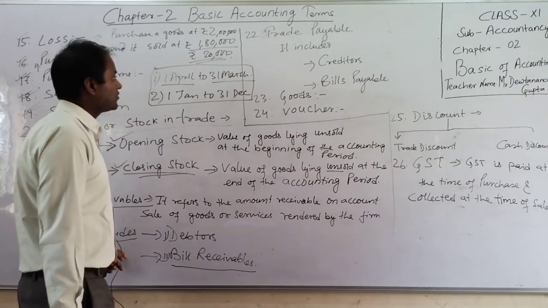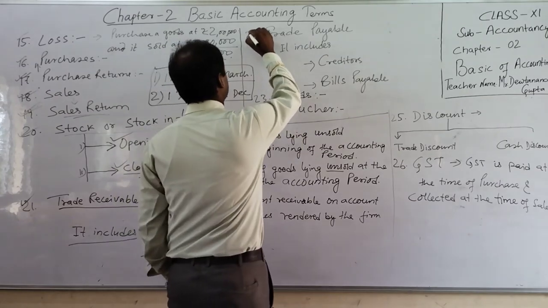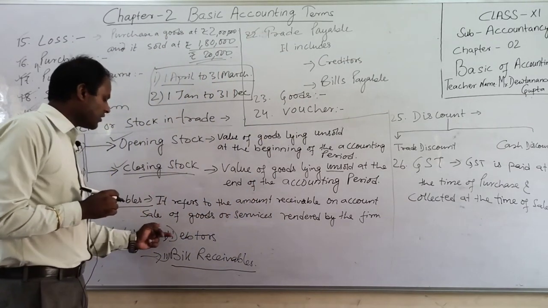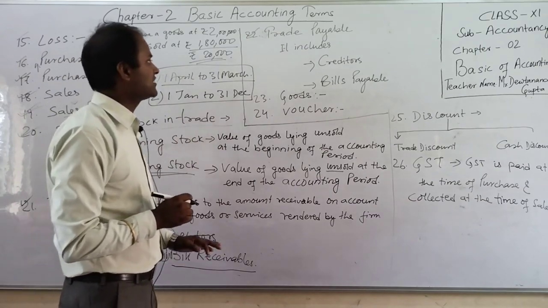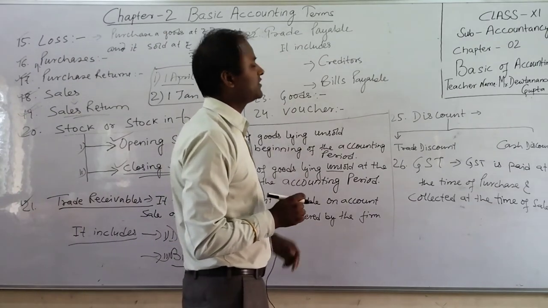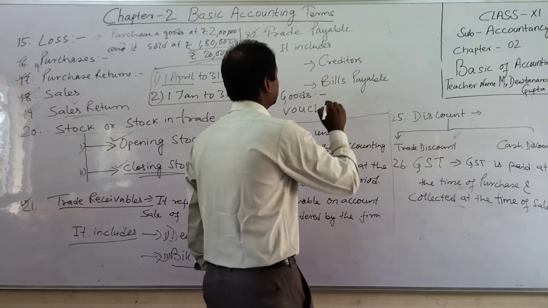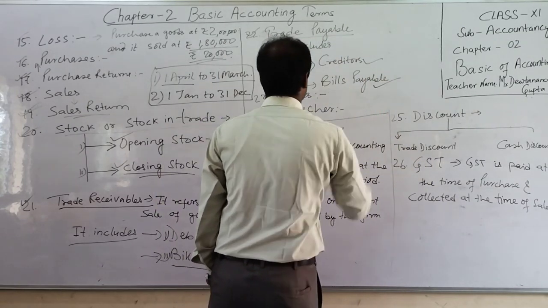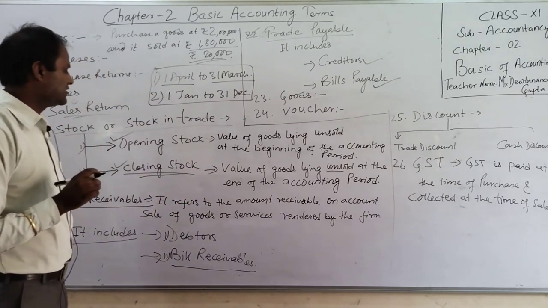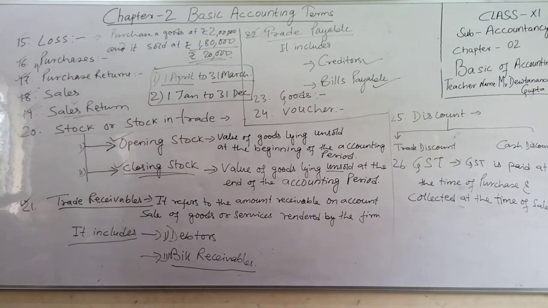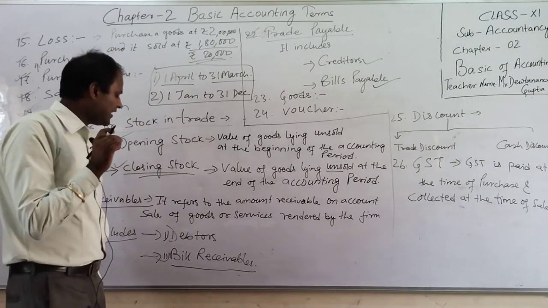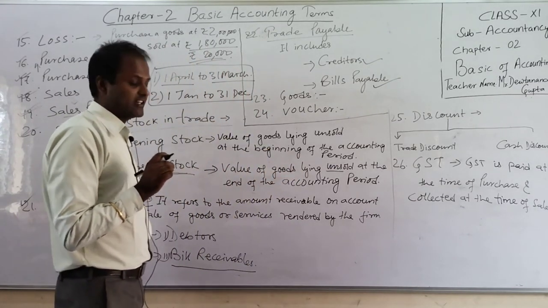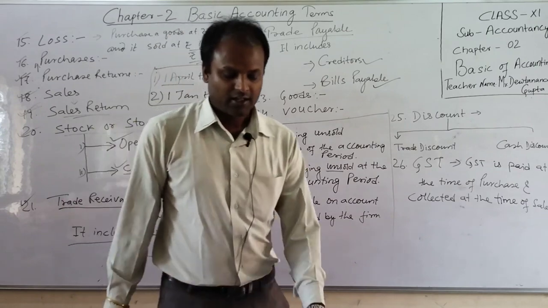Now let us go to the next point, that is trade payable. Just like trade receivable includes two terms, debtors and bills receivable, here also trade payable includes two terms, that is creditors and bills payable. Trade payable means the amount payable on account of purchase of goods or services rendered to the firm.